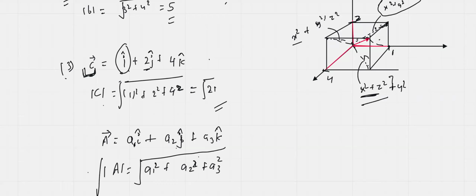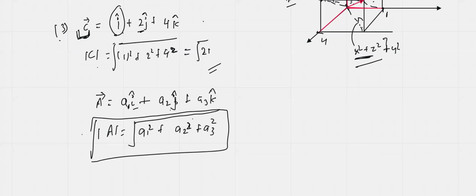And this was very easy for us to do, because i, j, and k all were perpendicular to each other. Understood? Assume another case I give you. For example, a vector a is written in the form of b vector plus c vector, and I ask you to calculate the magnitude of this vector.